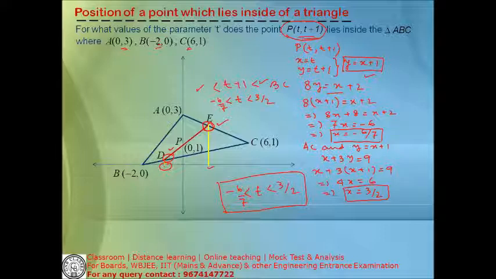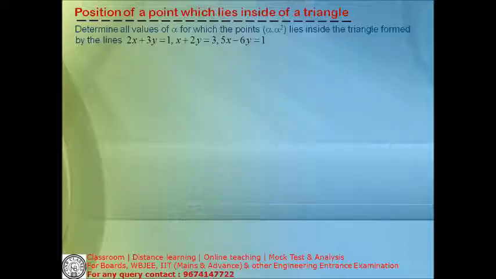Now let us take another example. Determine all values of alpha for which the point alpha comma alpha square lies inside the triangle formed by the lines 2x plus 3y equals to 1, x plus 2y equals to 3, and 5x minus 6y is equals to 1.